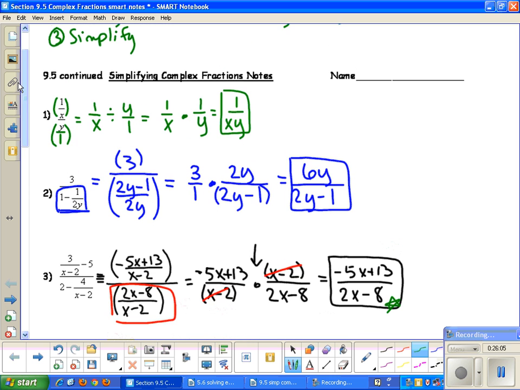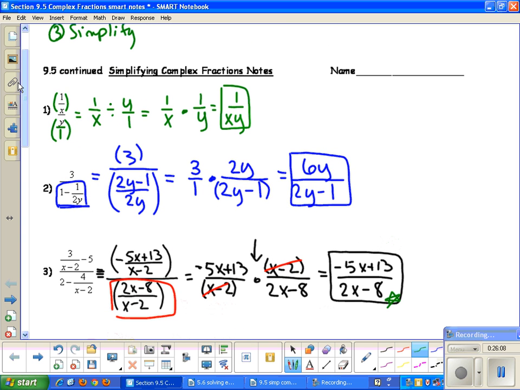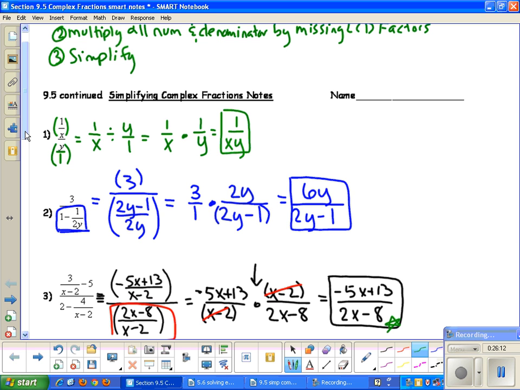I want to go back up here though to question number 2, and I solved that the first way. So if I want to solve this the second way, I'm going to do that off to the side up here. So for this one, another way to solve that problem would have been if I have 3 over 1 minus 2y, I want to find the least common denominator of all my denominators.